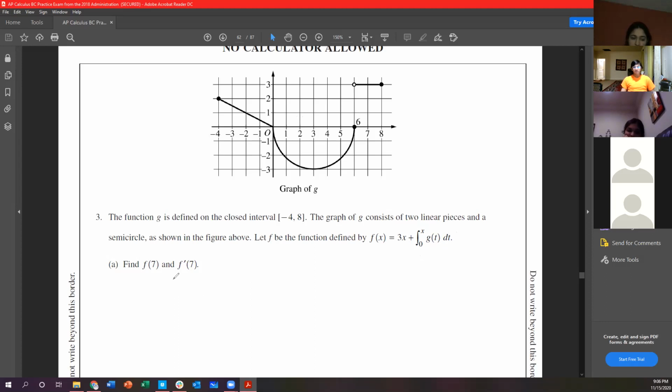Okay, can someone walk us through this? Does someone want to try walking us through this? I think you'll benefit if you try, even if you get it wrong. Anyone?